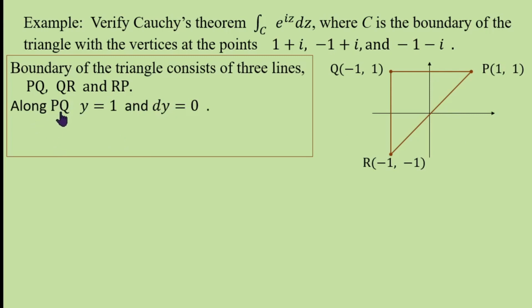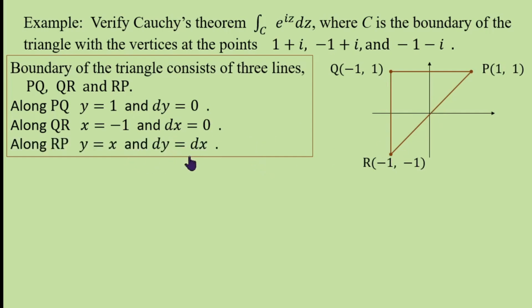Hence along PQ, y is 1 and dy is 0, no change in y. Along QR, x is the same, that is minus 1, and hence dx is 0, no change in x. And along RP, x equal to y, therefore dy is dx, and hence dy equal to dx along RP.